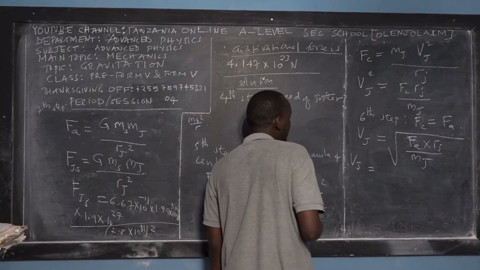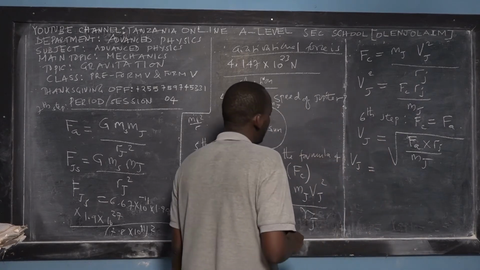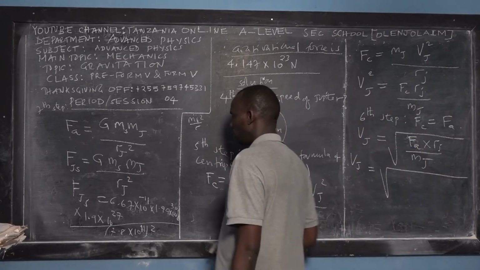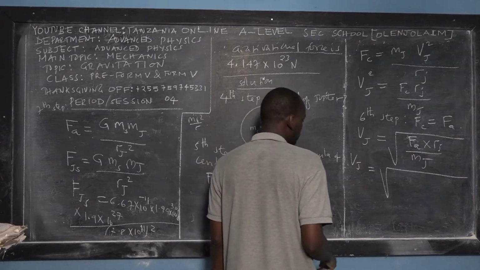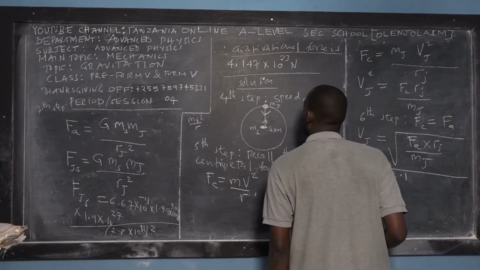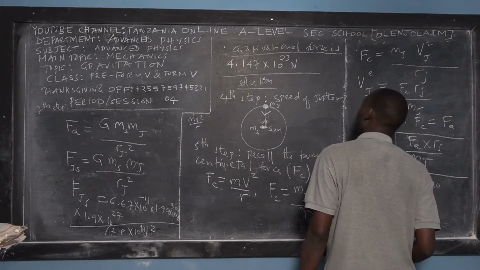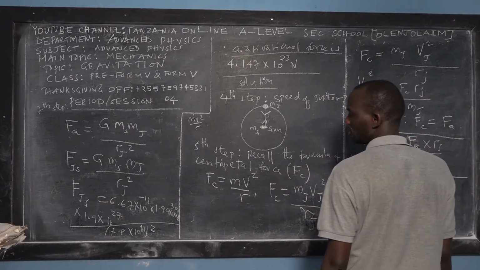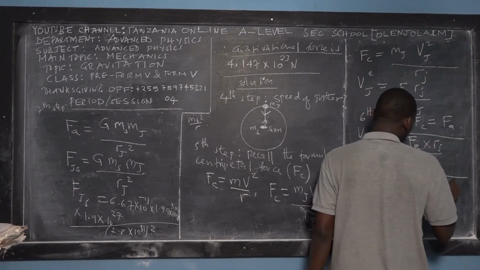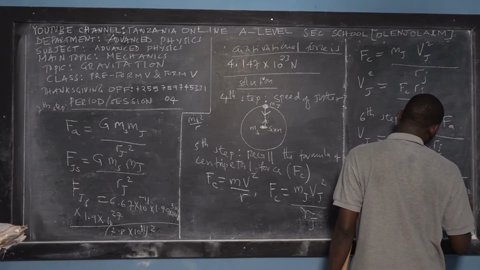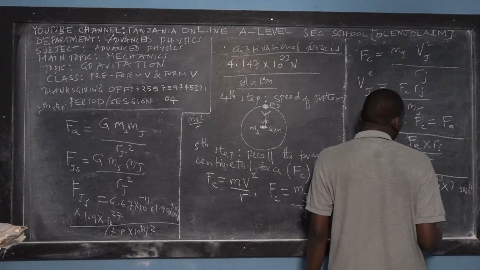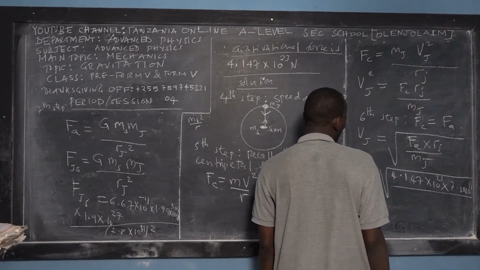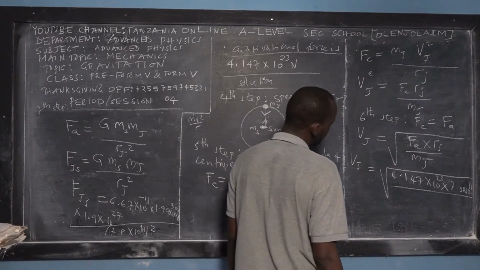So then, again, the speed of Jupiter is equal to the square root of the gravitational force, which is 4.7 exponential 23, times the radius of Jupiter, which is 7.8 exponential 11, divided by the mass of Jupiter.